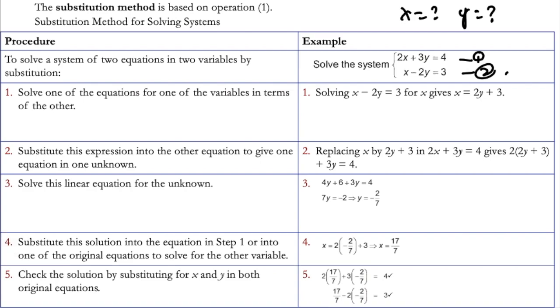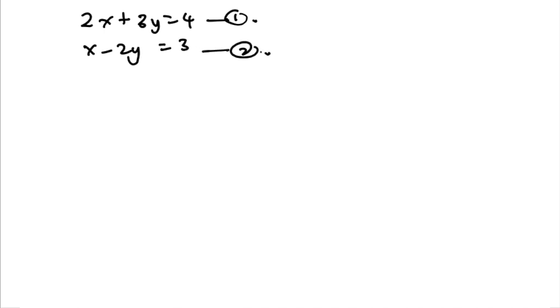Okay, so let me rewrite the equations here. Initially 2x plus 3y equivalent to 4, I call it equation 1. And then another one here, x minus 2y equivalent to 3, so we call this equation 2. So here, if we want to substitute, we can either substitute x back into 1 or y back into the original equation to find y.